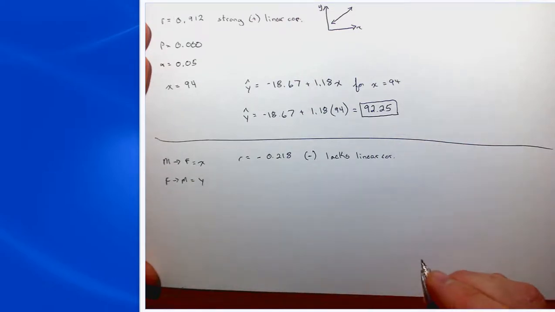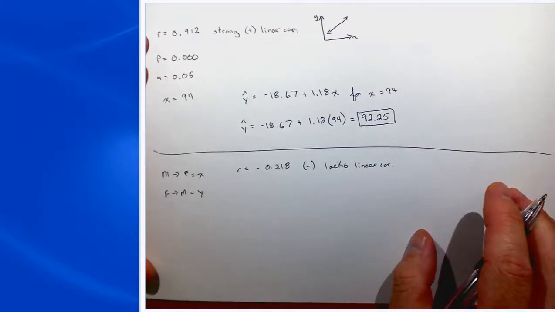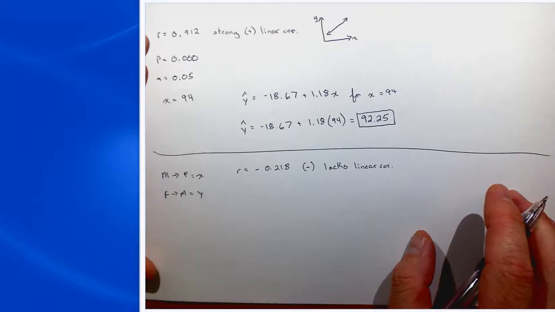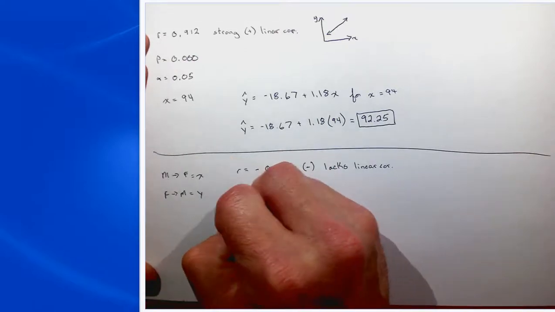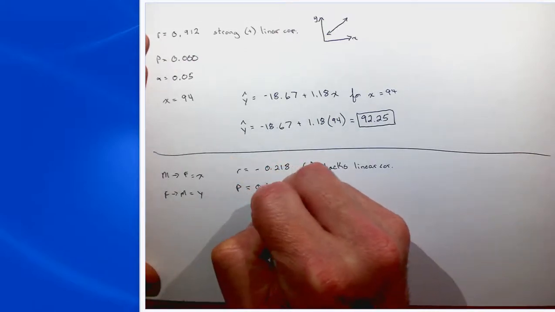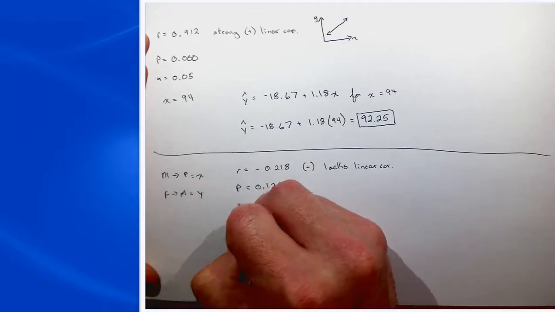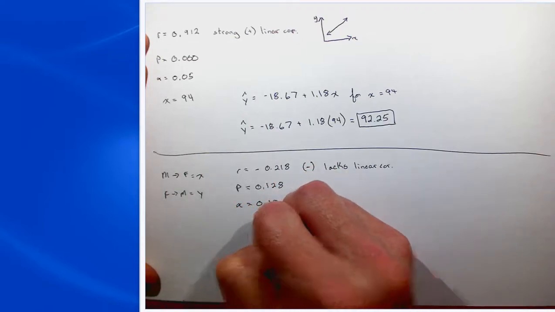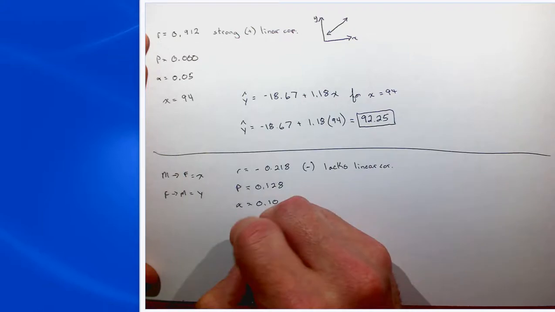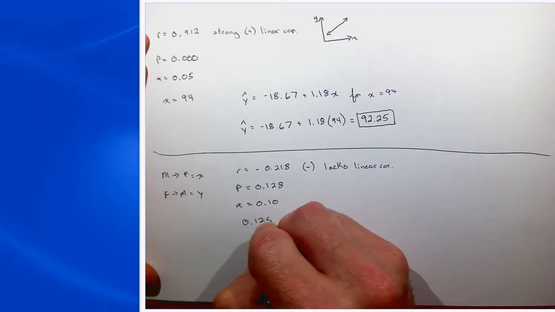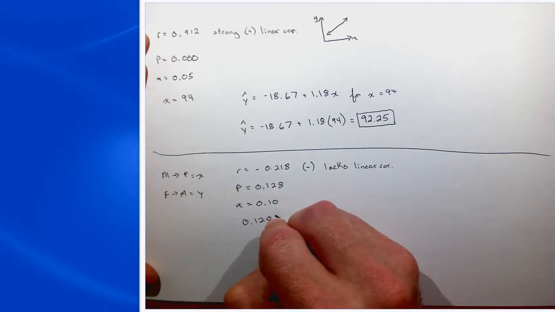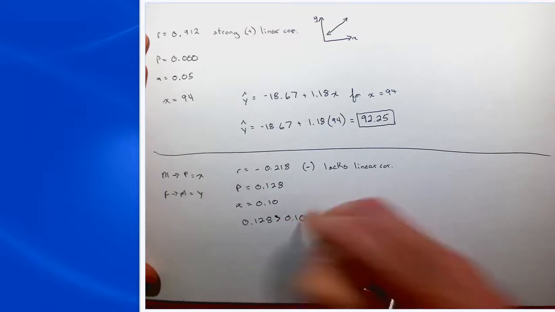What further cements it is that I have a p-value that is greater than my significance level. 0.128 is greater than 0.10.